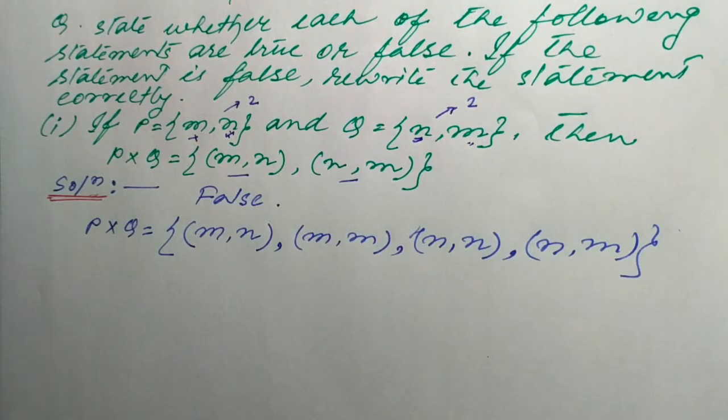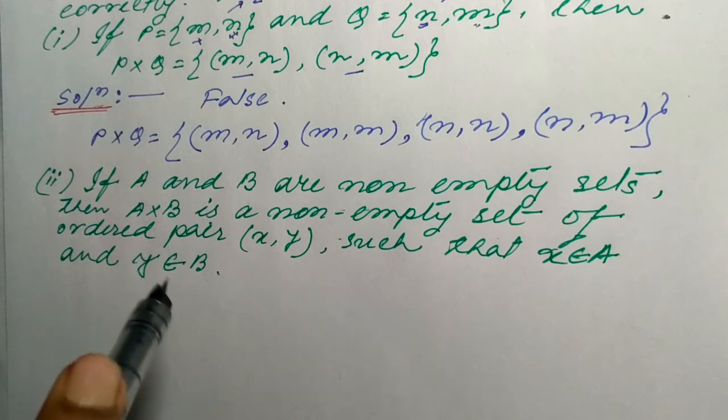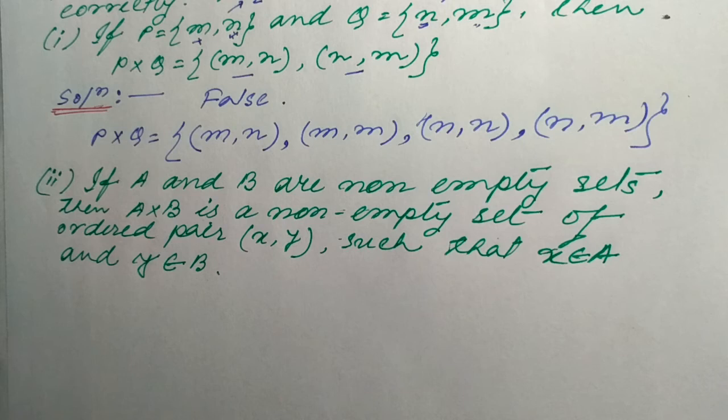Got it? Our next question: if A and B are non-empty sets, then A × B is a non-empty set of ordered pairs (x, y) such that x belongs to A and y belongs to B. We are given that A and B are non-empty sets, then their product will always be non-empty.